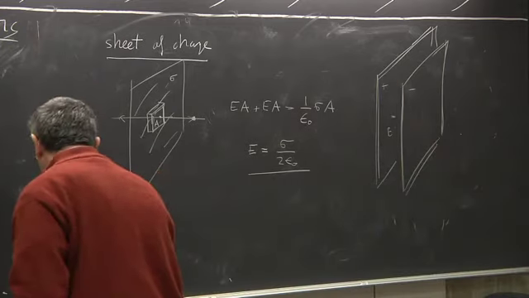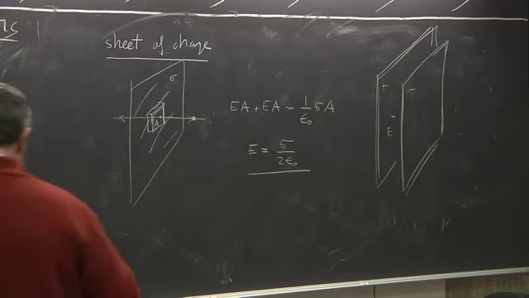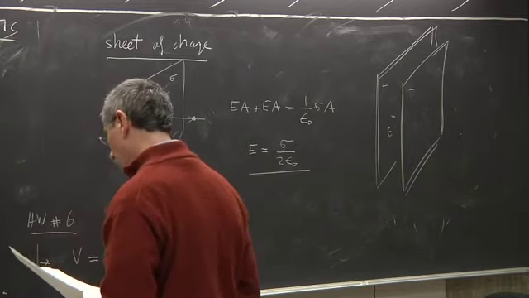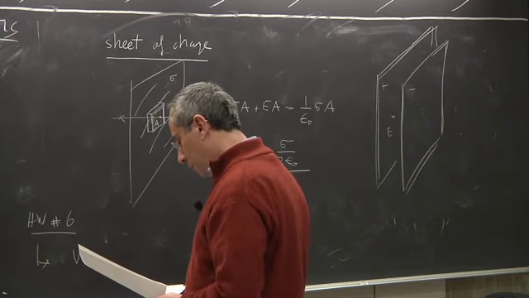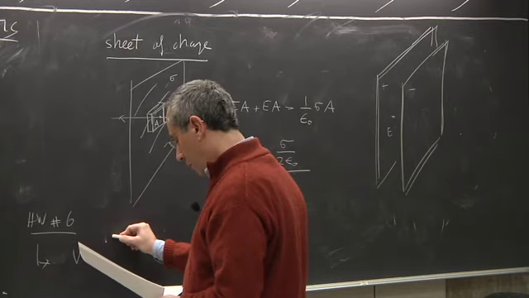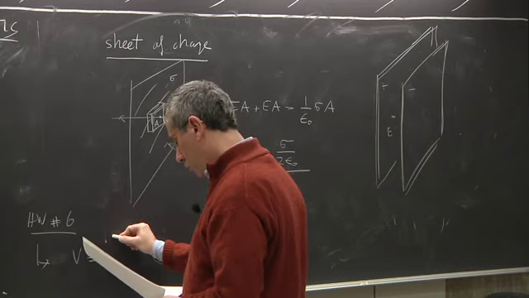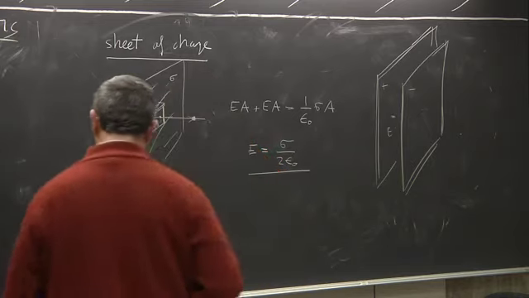But then please compute the potential. So the potential due to that field inside, and prove that this potential, let's call it V, can be written in this form, right?